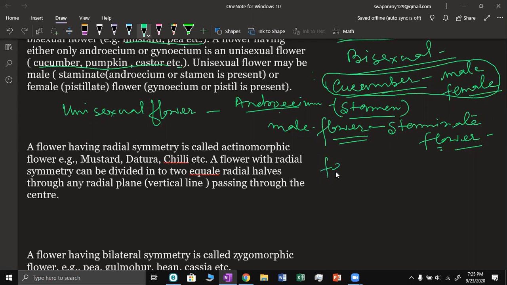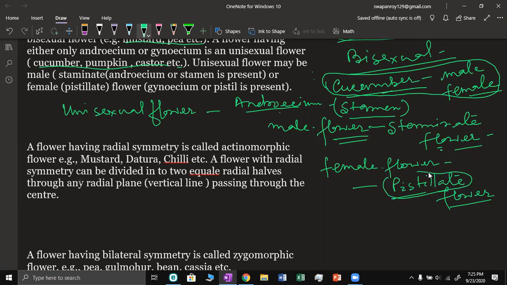So gynoecium-containing flowers are female flowers, and these female flowers are also known as pistillate flowers, because the gynoecium is also known as pistil.